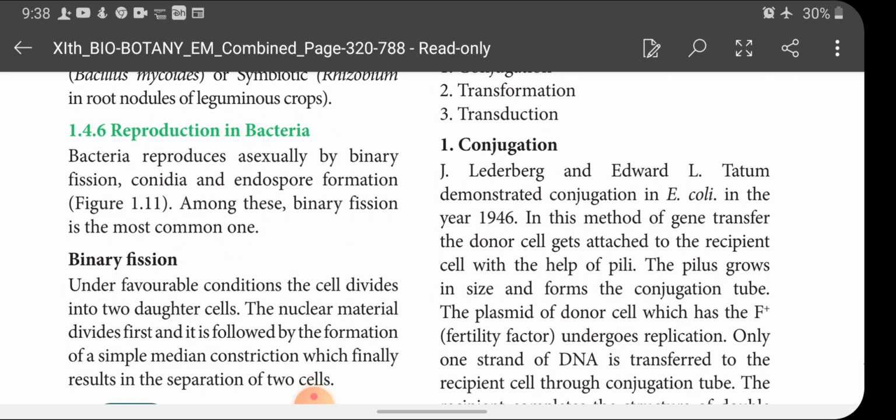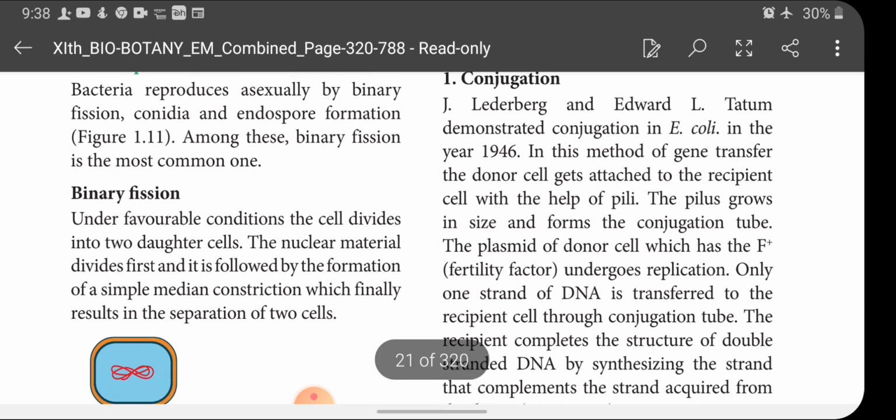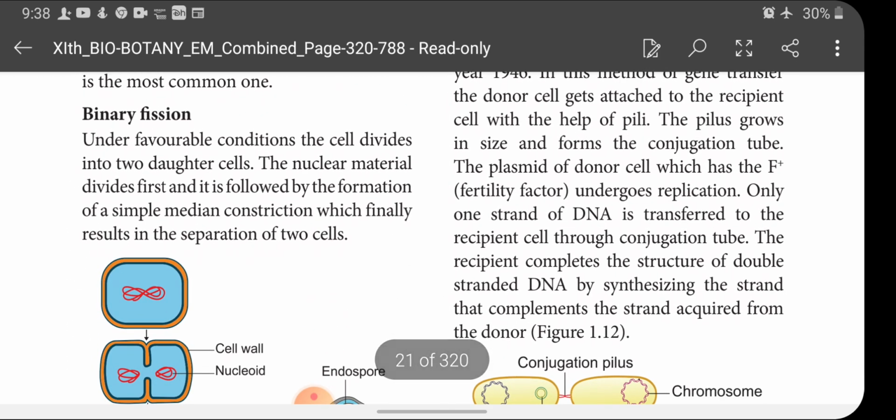The pili grow in size and form the conjugation tube. Then the plasmid of donor cell, which has the F plus, that is fertility factor, undergoes replication. Only one of the strands of DNA is transferred to the recipient cell through the conjugation tube, and the recipient completes the structure of double-stranded DNA by synthesizing the strand that complements the strand acquired from the donor.